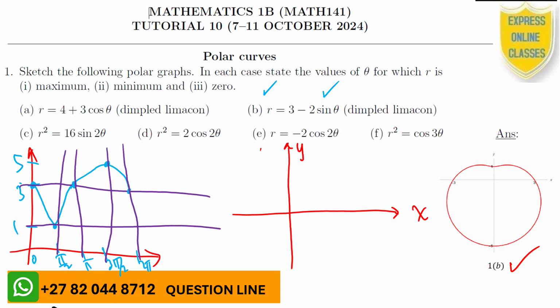We continue with our sketching. Let us see now. We're looking at the blue curve. We are analyzing what is happening. Like at 0, it is 3. So you have r is 3, theta is 0.